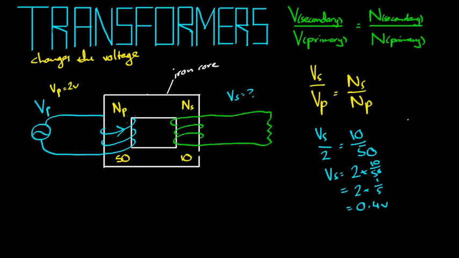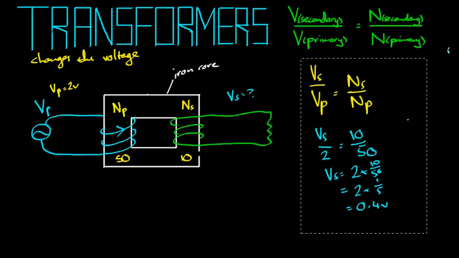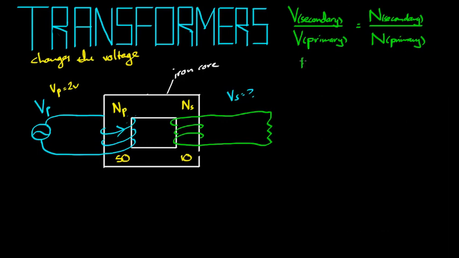So that is one part of transformers, that formula there. Here is the other key. The power in the primary coil is equal to the power in the secondary coil. In other words, Vp times Ip, which is the primary voltage multiplied by the primary current, is equal to Vs times Is.